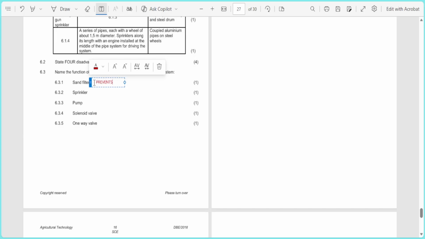The scent filter, I think this one is obvious. It prevents blockages of the nozzle. What about the sprinkler? The sprinkler emits water to plants.